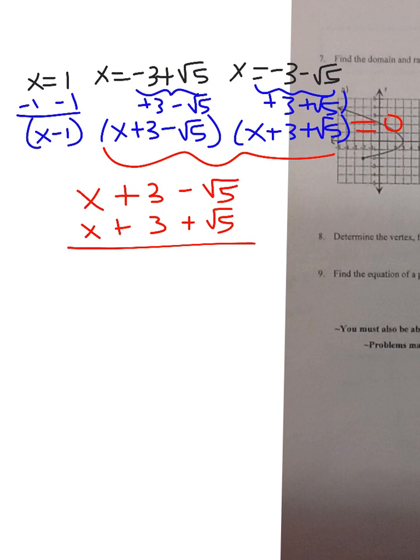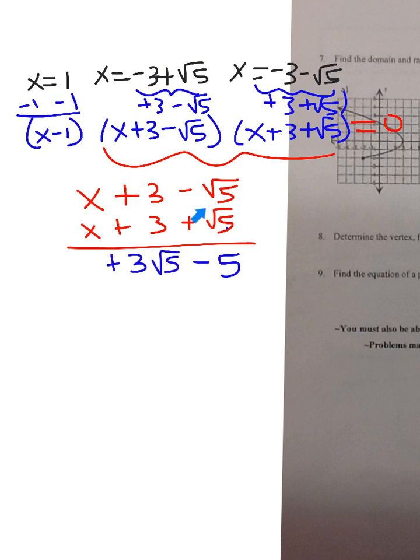I'm going to start with the square root of 5 times negative the square root of 5. Remember, square root of 5 times square root of 5 would be 5, and it's going to be negative, so it's negative 5. Then the square root of 5 times 3 would be 3 square root of 5, and that's positive.